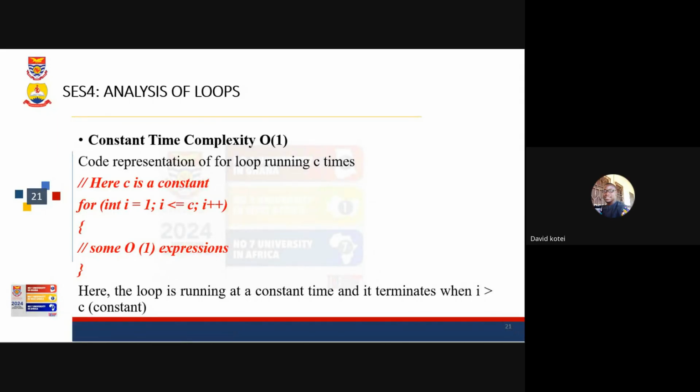So are you trying to say that the constant is the limit that we set for the loop to break, or the limit within which the loop satisfies and then breaks? So here the loop is running at a constant time and it terminates when i is greater than C. All right. Okay. Thank you.